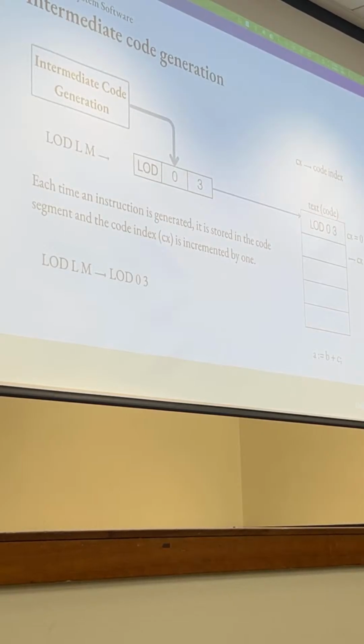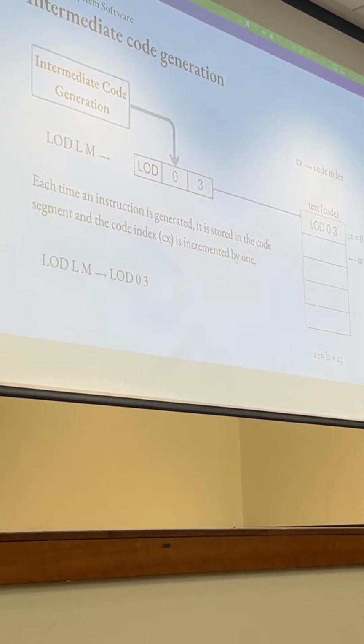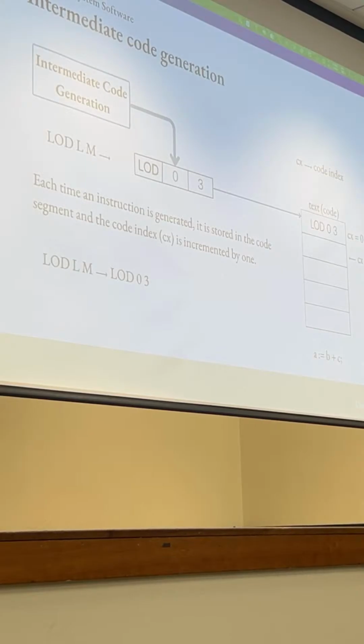The N here is just a memory address offset. What exactly does it mean here? It means we are loading a variable in the current activation record at index 3. Each time a new instruction is generated, it's stored in the code segment, and the code index CX is incremented by 1.